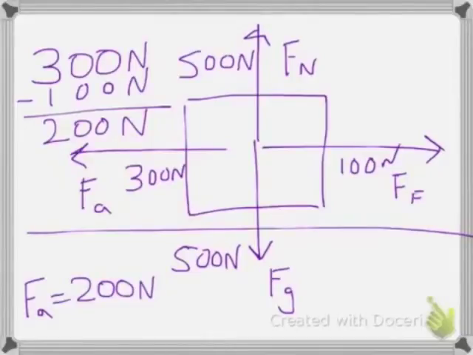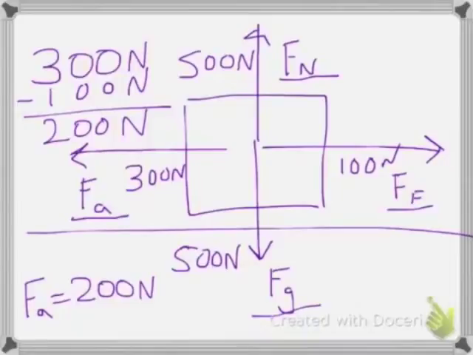Just to run through all four of these forces real quick: the force of gravity, the force of friction, the normal force, and the applied force. Gravity is what's pulling it down, and the normal force is pushing it back up. The applied force is the direction we're going, and friction is pulling it back.